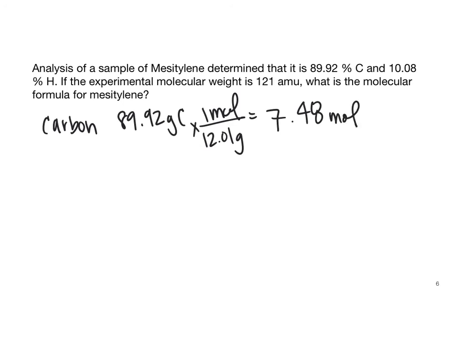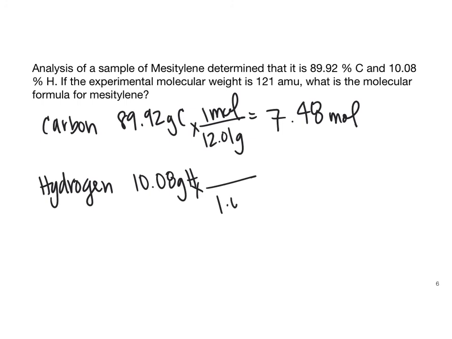For this one, we're going to have hydrogen. So we're going to have our 10.08 grams of hydrogen divided by 1.01 gram in 1 mole, and that equals 9.98 moles.